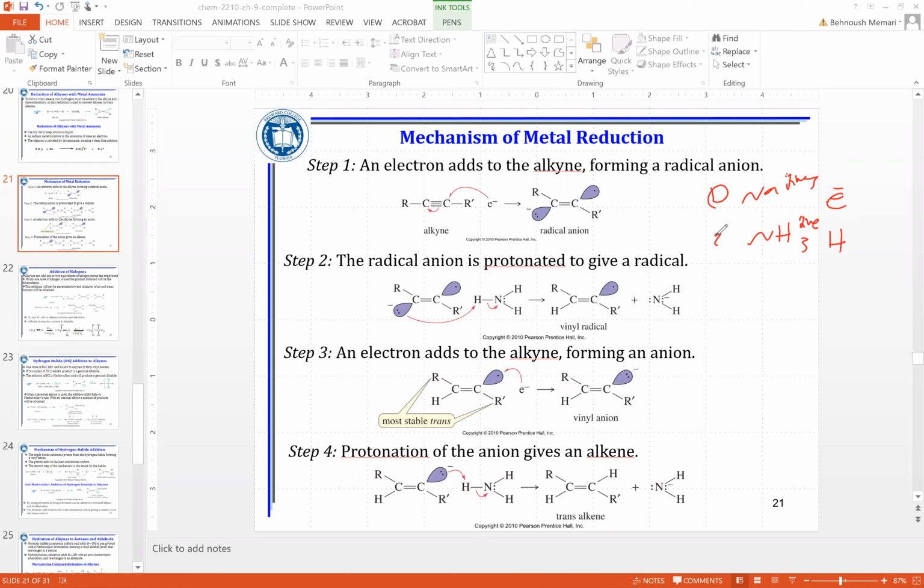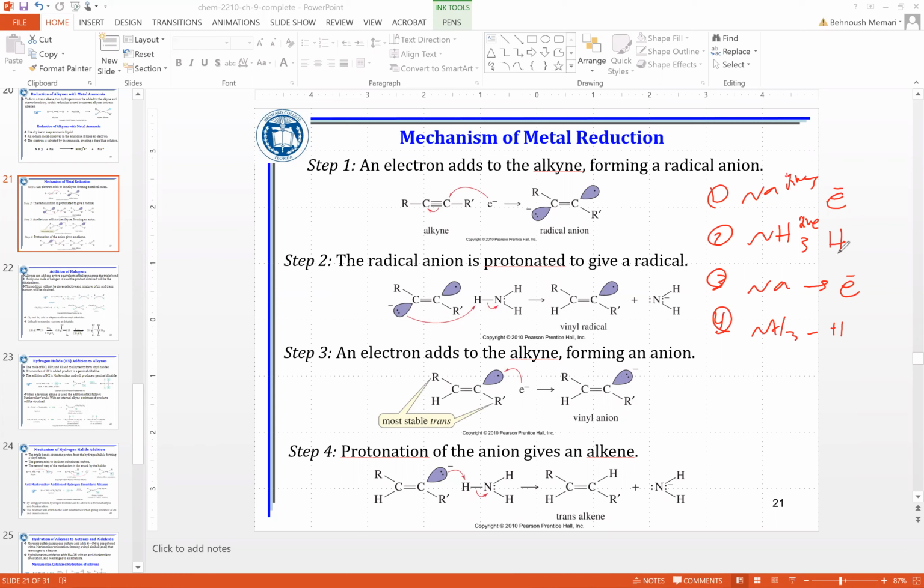That's step 1, step 2. And then step 3, sodium would give an electron, and step 4, ammonia would give hydrogen. So sodium provides electrons and ammonia provides the hydrogen. You add 2 electrons and you add 2 hydrogens, basically 2 H pluses and 2 electrons.